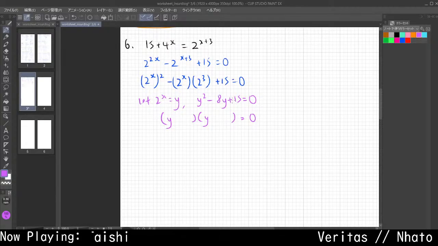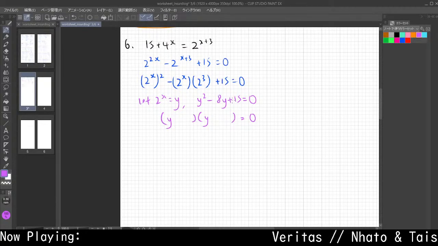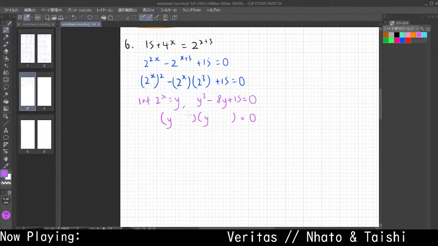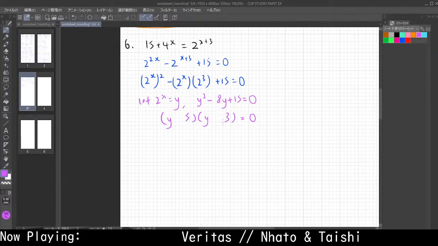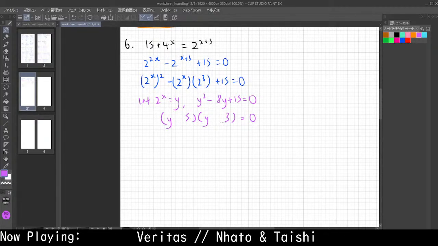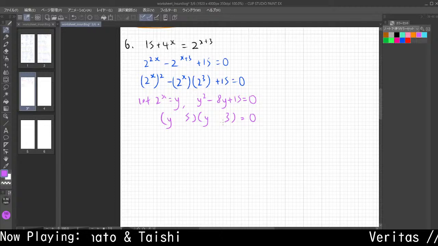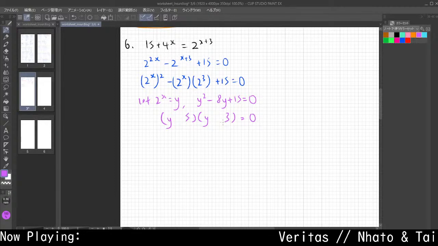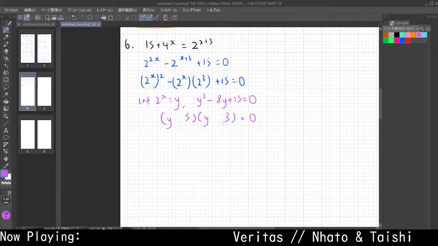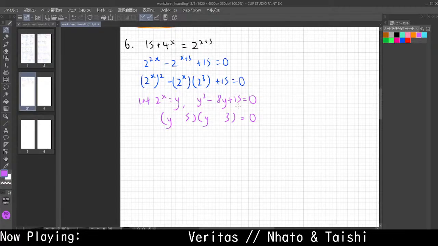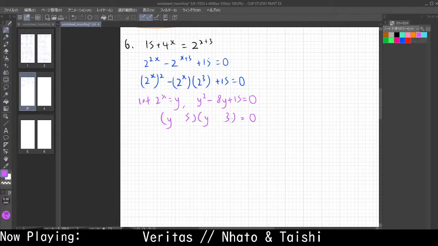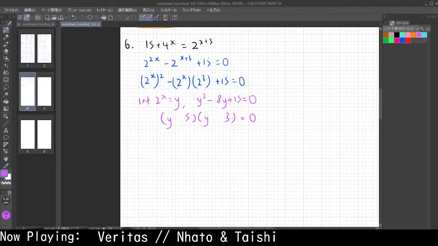Okay, we need an 8. So this is what we will be going for. We will be going for 5 and 3. So we put the 5, we put the 3. So you see our middle term over there, that minus 8 is minus, right? The only way you can produce minus in terms of addition is plus minus or minus minus. And since your 15 over here has a plus sign attached to it, your factors must be both the same sign.